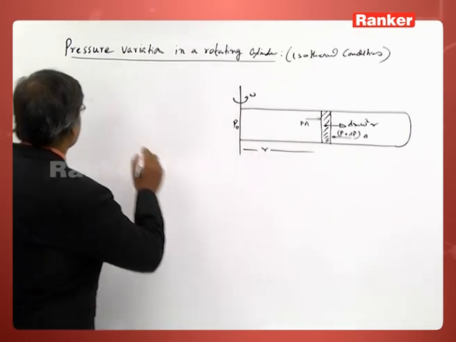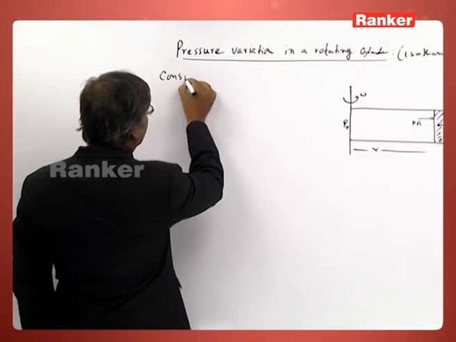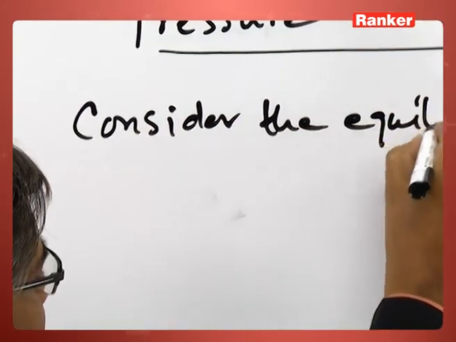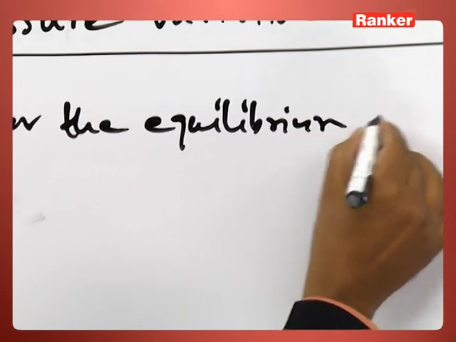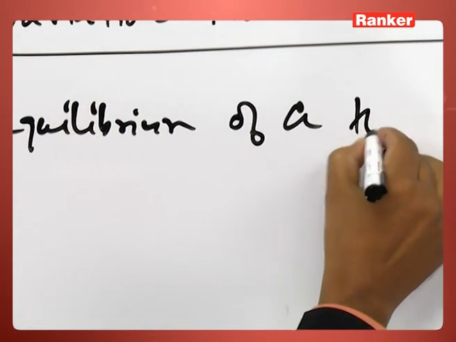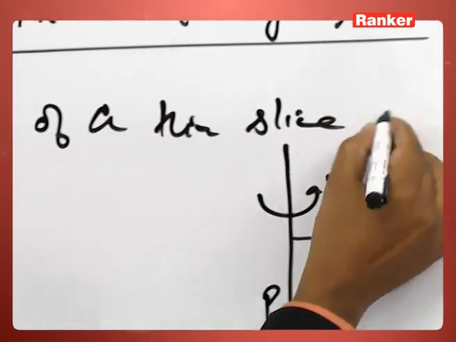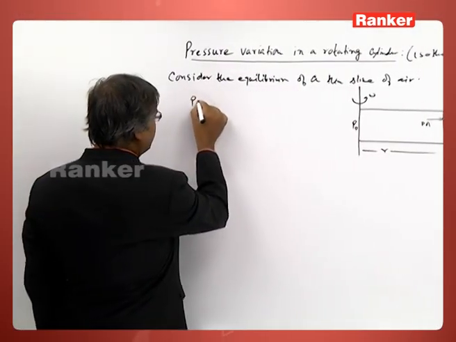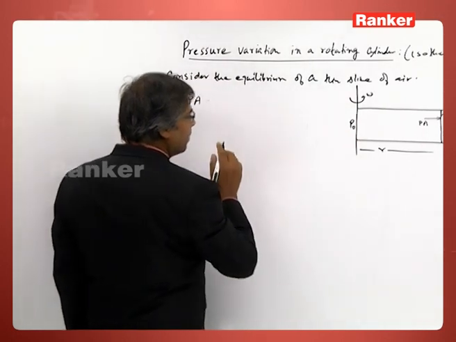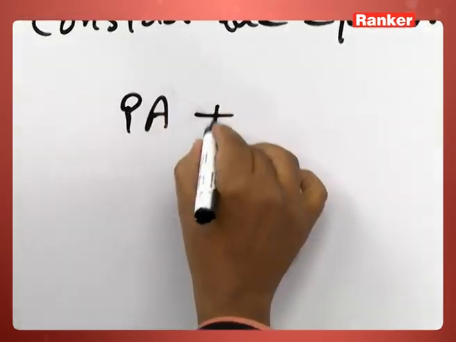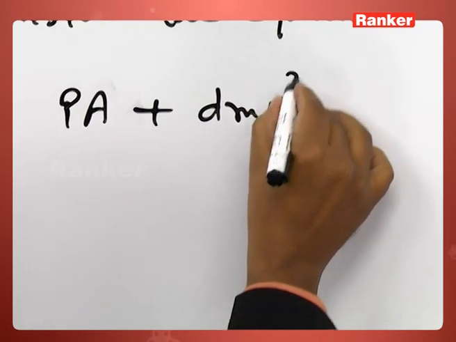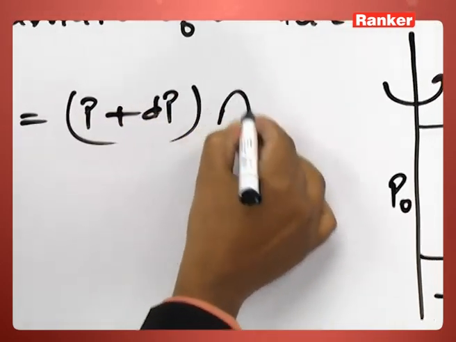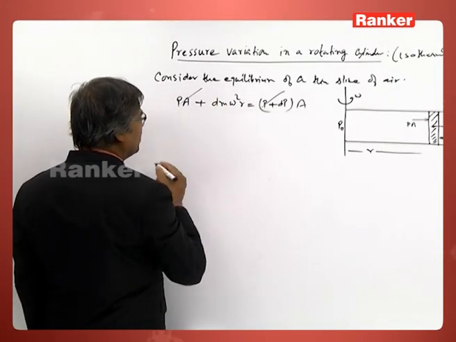Now consider the equilibrium of a thin slice of air. PA force is from this side, plus dm omega square r is equal to P plus dP into A. So these terms cancel.